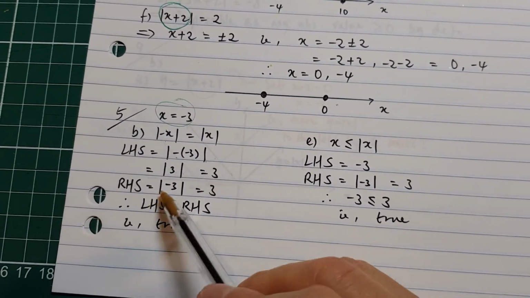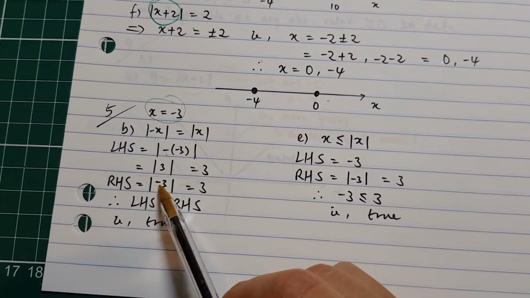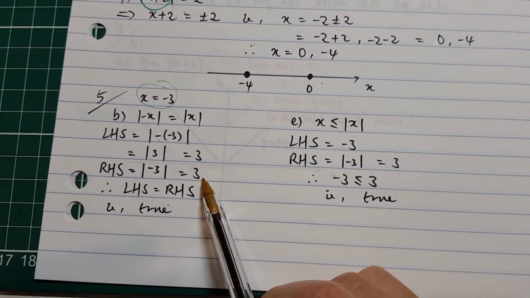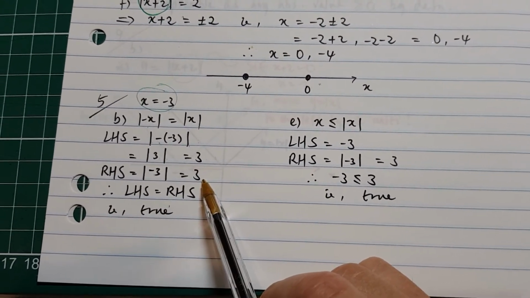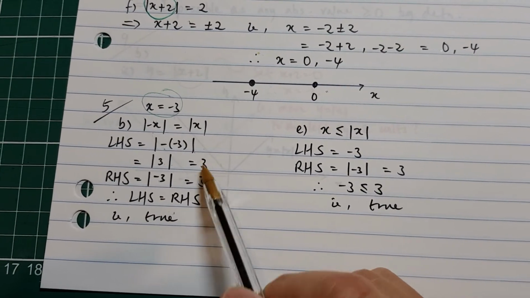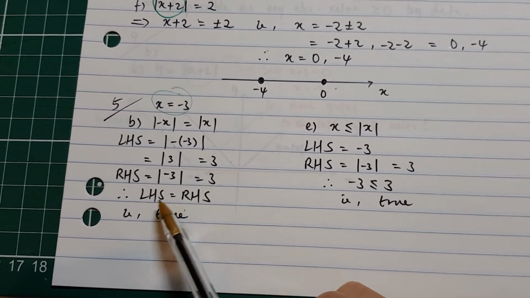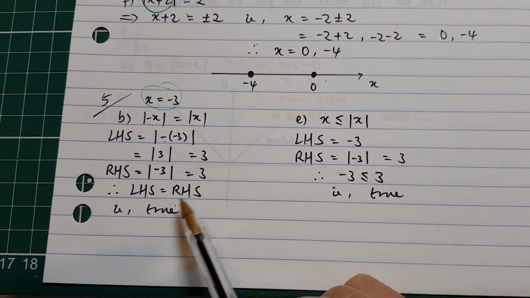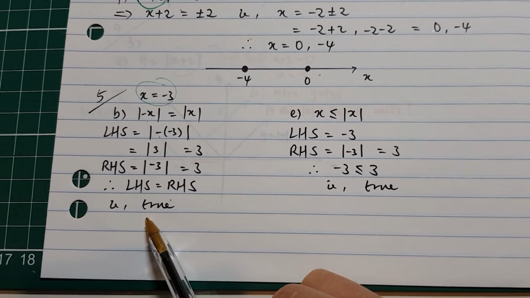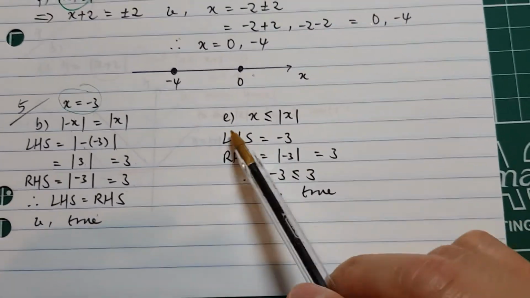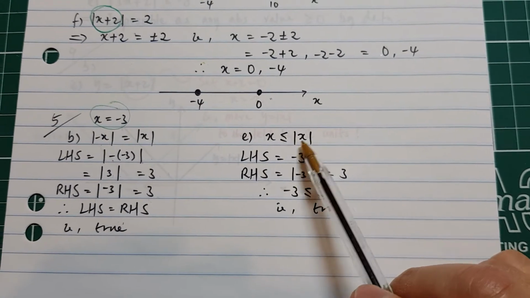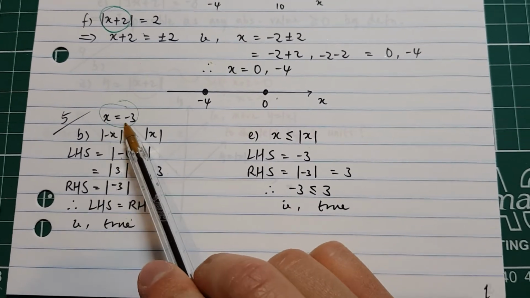The right-hand side is the absolute value of negative 3. By definition, that just spits out the positive value of that, which is 3. So this 3 and that 3 are the same, hence the left-hand side equals the right-hand side. Therefore, it's a true statement. Part E, x is less than or equal to absolute x, where x is negative 3.